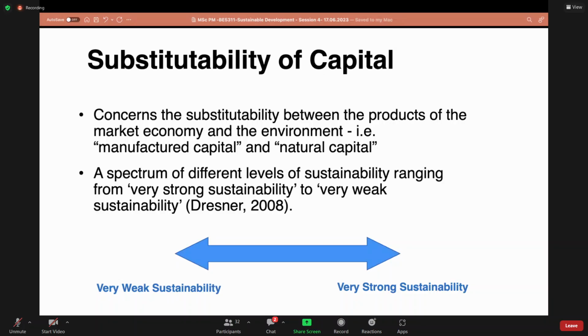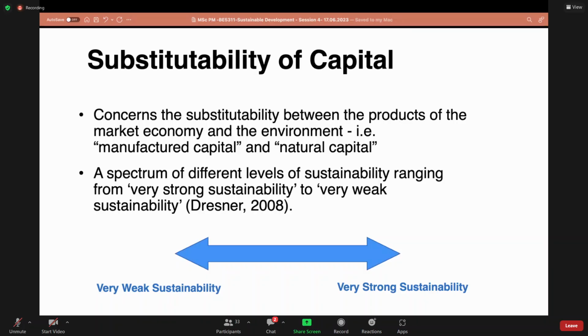The things that we produce as the manufactured capital, can we substitute that for natural capital? So we use natural capital to produce things. So from the things that we produce, can we substitute? Can they be used as substitutes for the natural capital that we used?